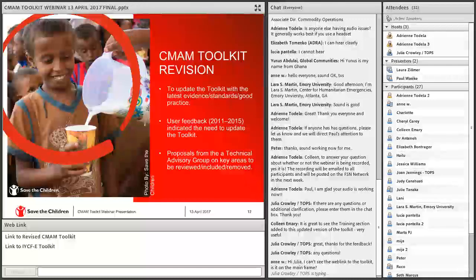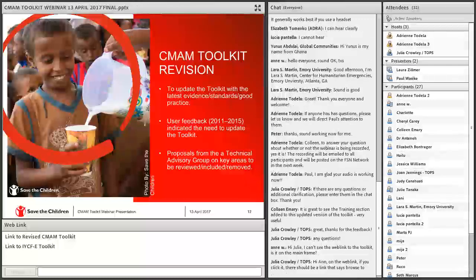So in terms of the toolkit revision, this was informed by the fact that, as I mentioned earlier, it was done in 2011, 2012, so that's quite some time. And CMAM, as we know, is evolving quite fast, and therefore a lot of new evidence has been generated, good practices in the field. There are new standards. Most national governments are coming up with national standards with really localized experiences in there.